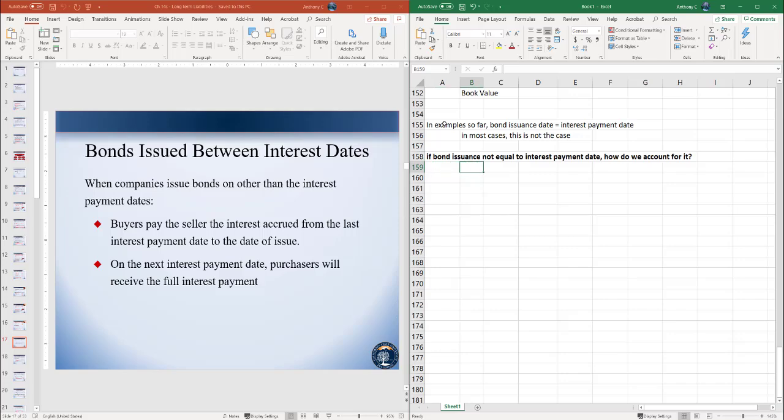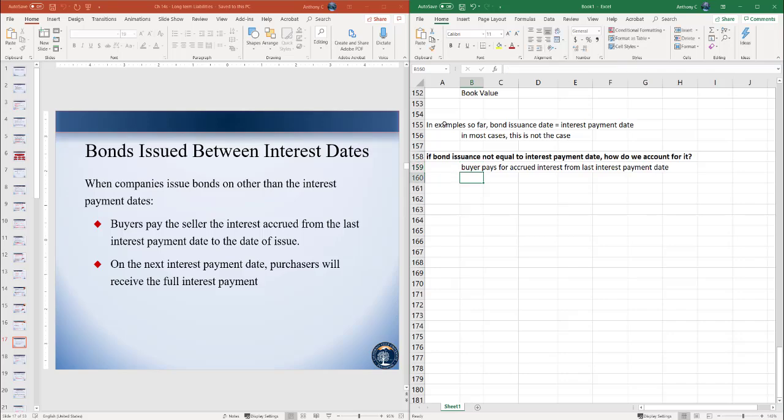Okay, so when the two are not equal, what will essentially happen is the buyer is going to pay the seller for any accrued interest from the last interest payment date. So the buyer pays for accrued interest from the last interest payment date.